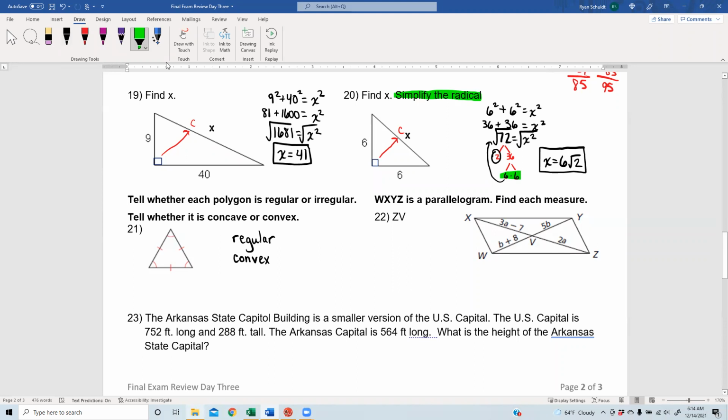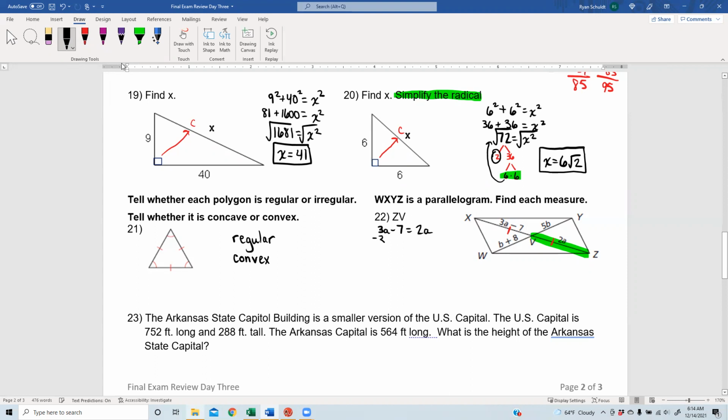And 22 wants us to find ZV. Don't just tell me it's 2a. We have to find what a equals. But I know on a parallelogram, diagonals bisect. So 3a minus 7 has to equal 2a.